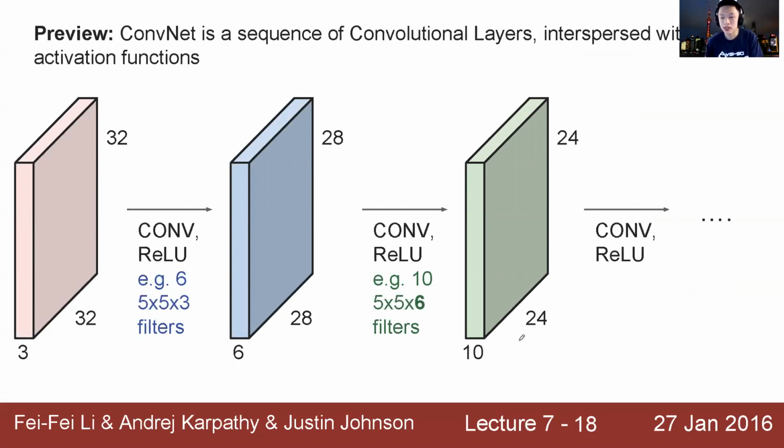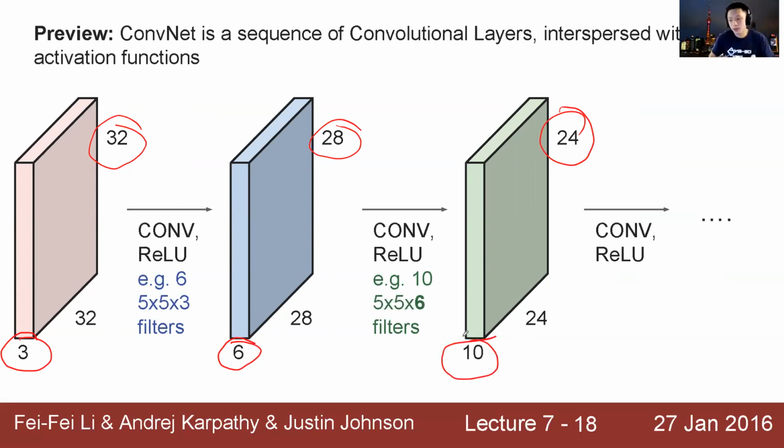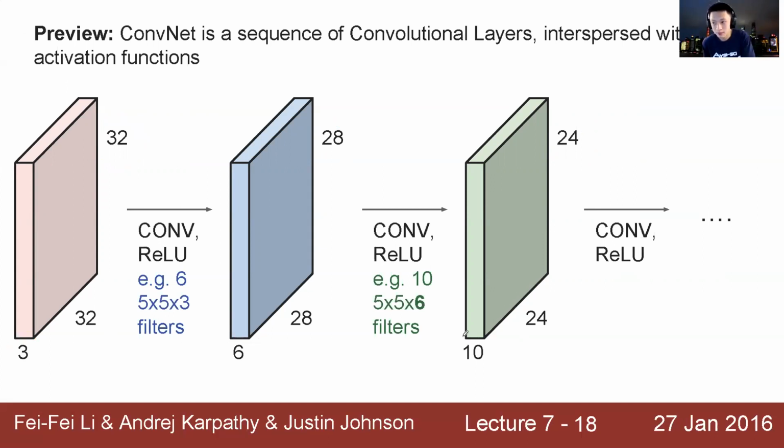Deeper networks can have 100, 200, 300 of these layers. You just keep going, every time making the input a little bit smaller. And usually the convention is that you get deeper and deeper, which means that at every step you're extracting more and more abstract features. And eventually you get to the end.